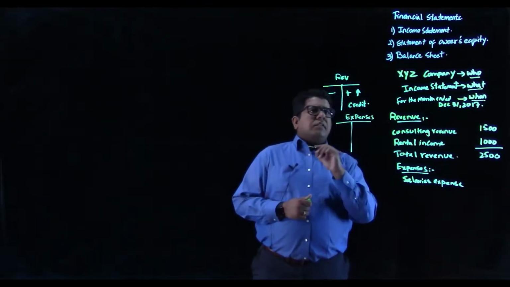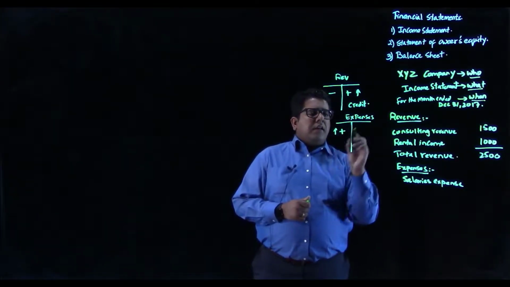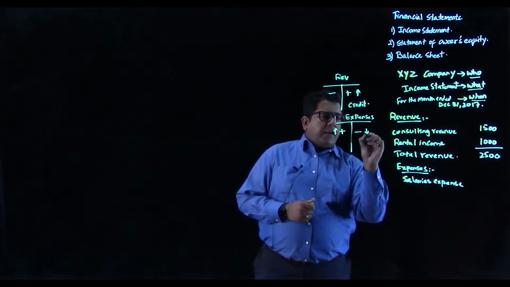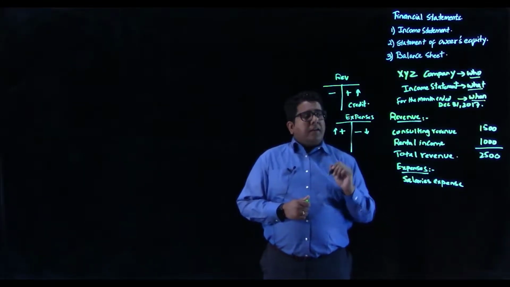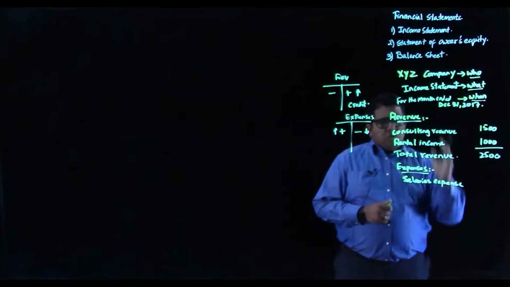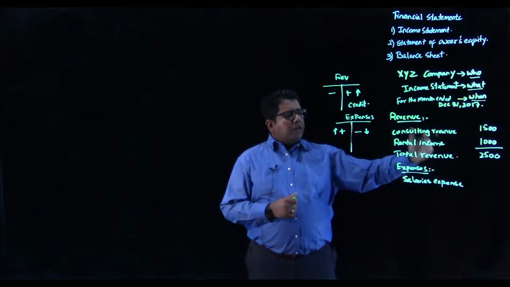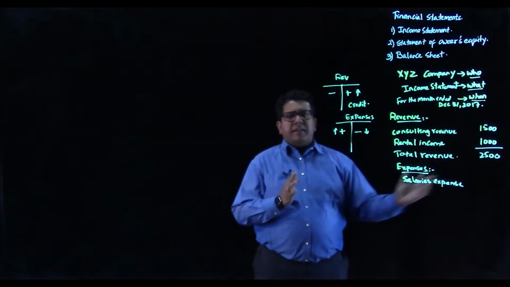Your expenses go up on the left hand side, they increase, and they go down on the right hand side, they decrease. That's why you will write expenses without the indentation.